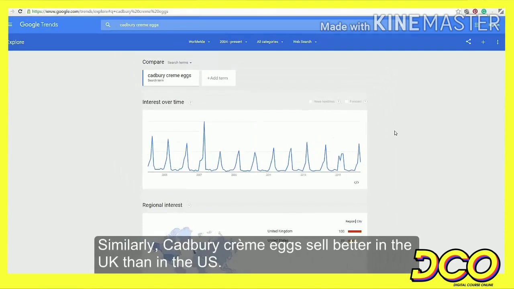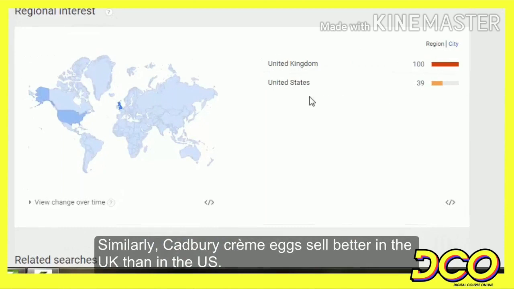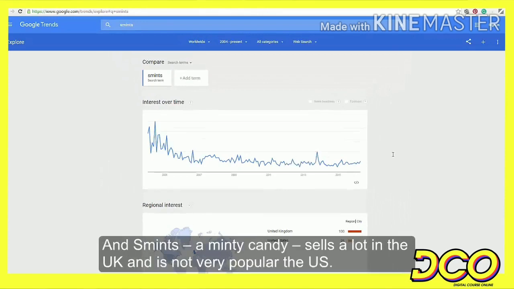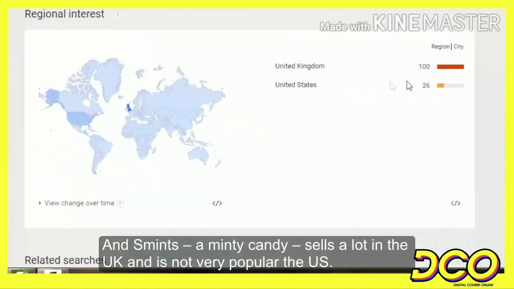Similarly, Cadbury cream eggs sell better in the UK than in the US. And Mints, a minty candy, sells a lot in the UK and is not very popular in the US.